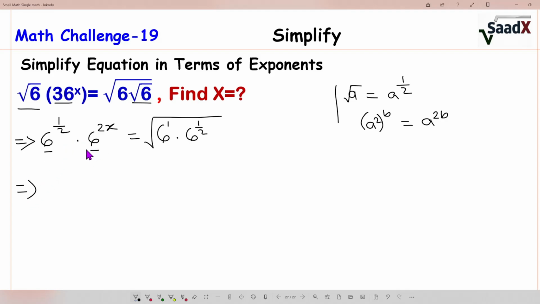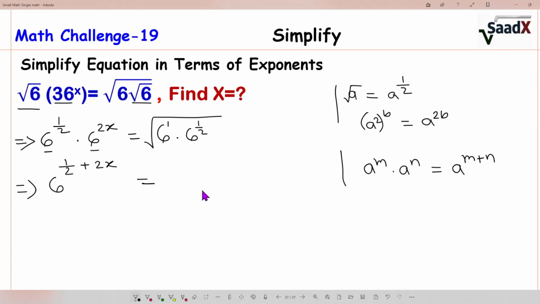Once base are same, that time in multiplication power will be added. It means a to the power m times a to the power n, we can write a to the power m plus n, right? So this one we can write 6, then 1 by 2 plus 2x.